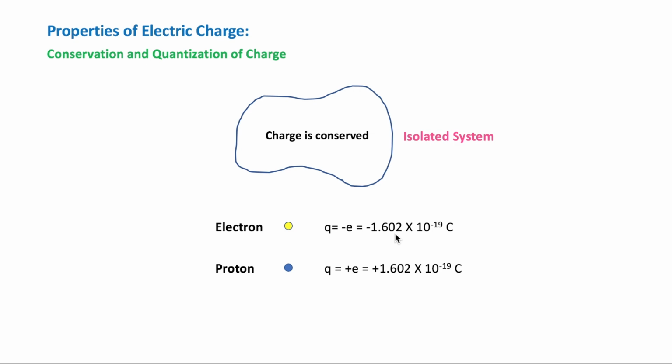And any amount of positive charge is the result of the deficiency of an integral number of electrons, or it could be a number of protons together. And so this is where the quantization of charge comes from.